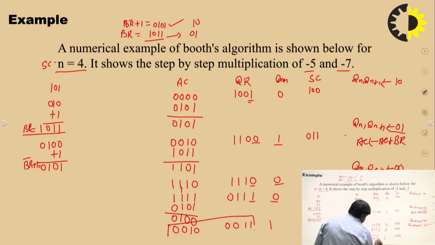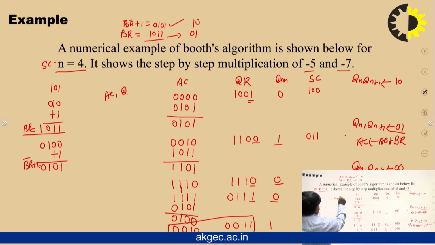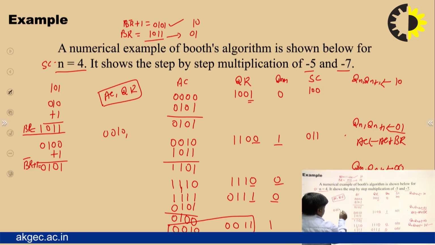Now if SC is 0, then end the process, and the result is stored in AC and QR. Now this is your final result. The final result is 0, 0, 1, 0 and 0, 0, 1, 1.